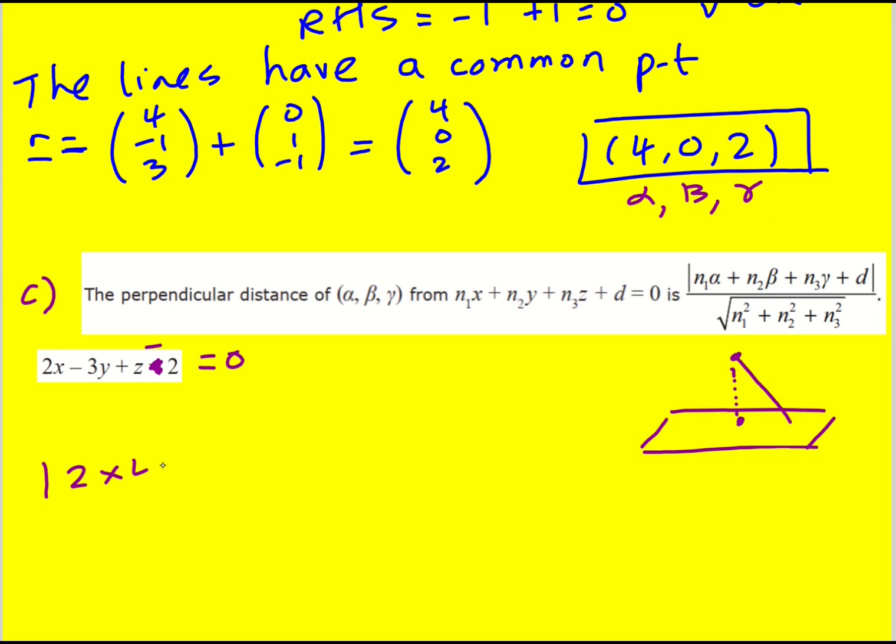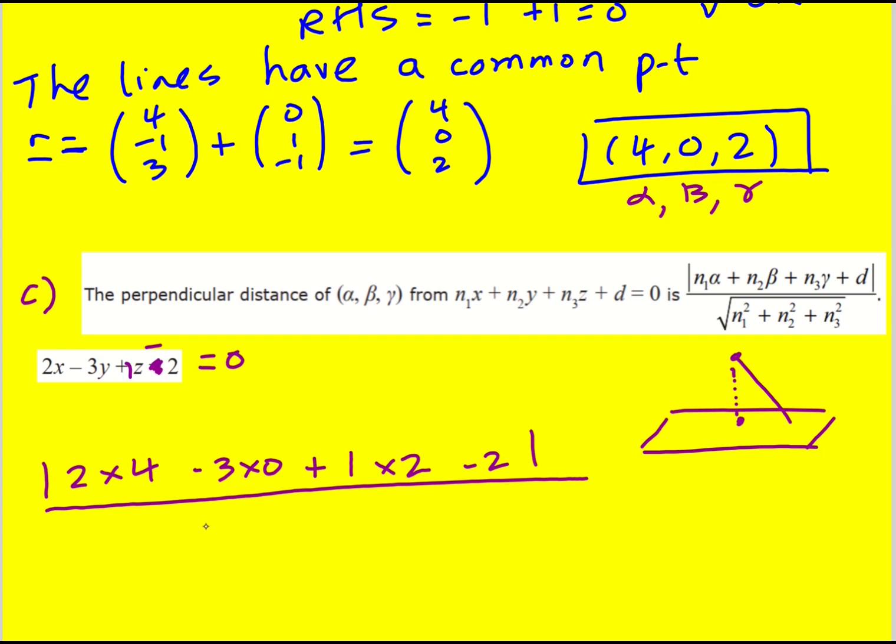So it's going to be 2 times 4, sorry, then it'll be a 3, won't it? Minus 3 times 0, then plus 1, that's the coefficient of z, 1 times 2, and I'm adding d on, which is minus 2, and dividing by the square root of 2 squared plus minus 3 squared.